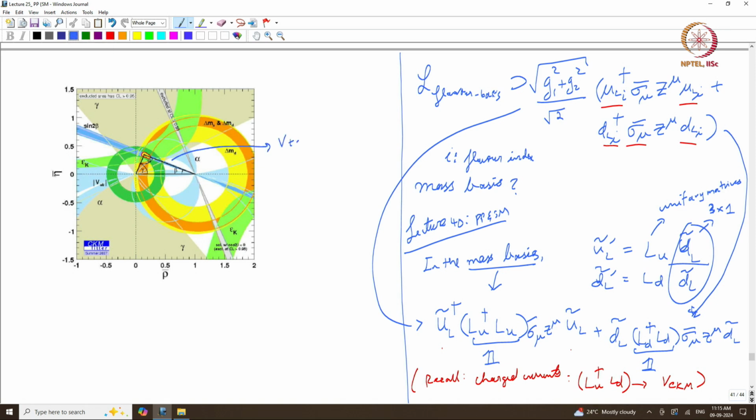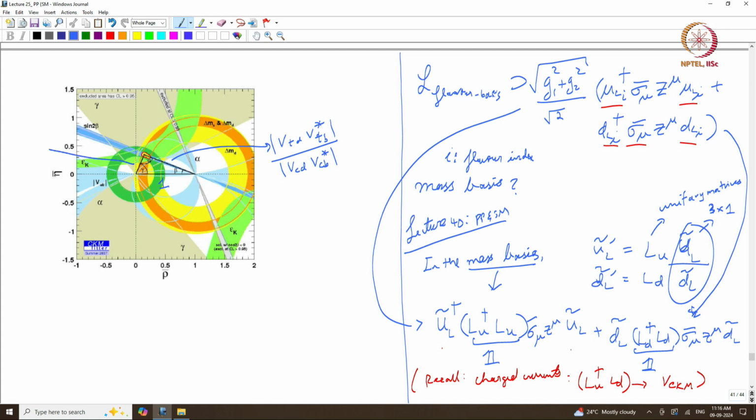That is just VTD VTB star divided by VCD VCB star, because I have normalized this to 1.